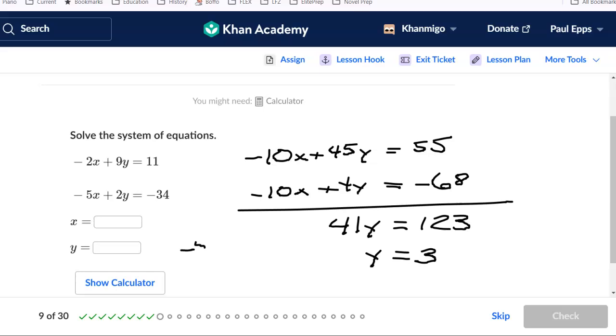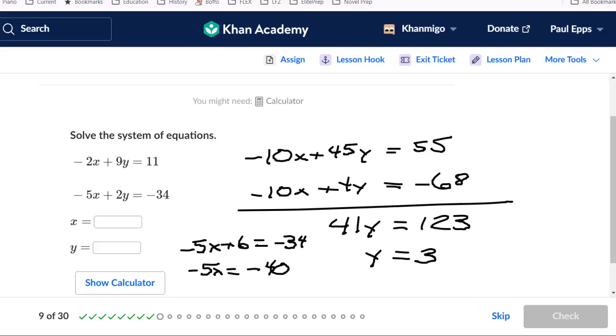Negative 5x plus 6 equals negative 34, since y is 3. All right. Subtract 6 from both sides. Negative 5x equals negative 40.